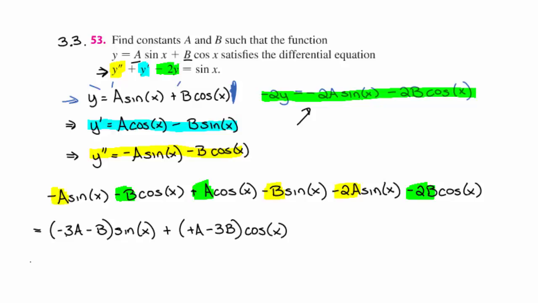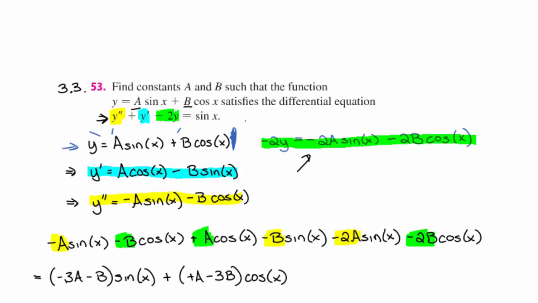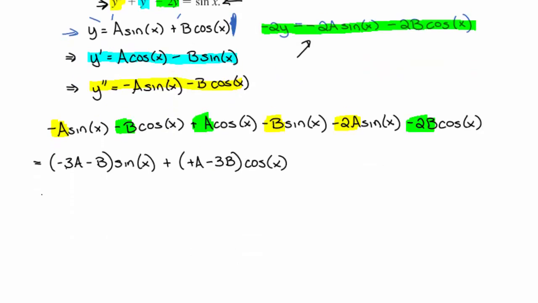And all in all, that is supposed to turn into this right-hand side, sine of x. So that is supposed to equal 1 sine of x. There are actually no cosine of x's if you take a look at that right-hand side. So what we're going to do is called comparison of coefficients. I'm going to take a look at the coefficients of sine, this guy and this guy.